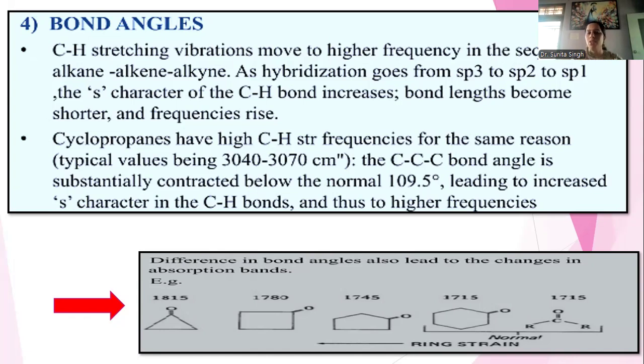Cyclopropanes have high CH stretching frequencies for the same reason, because the bond angle is below the normal 109.5 degrees, which leads to increased s character and thus higher frequency. So it can be seen how bond angle strain plays a vital role in vibrational frequencies.